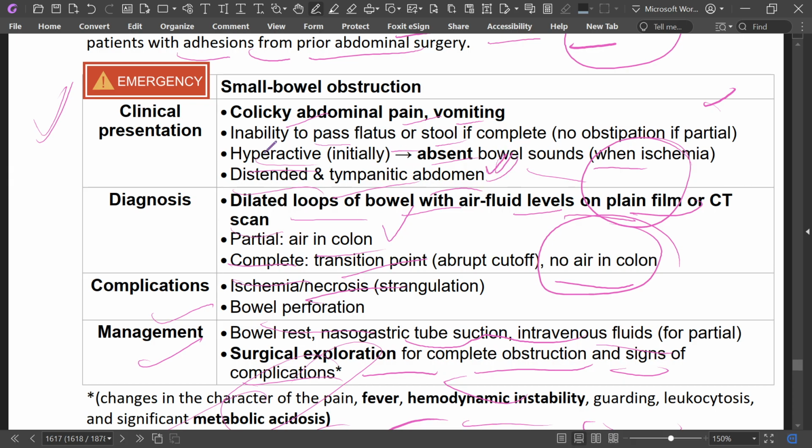Diagnosis is dilated loops of bowel with air-fluid levels on plain film or CT scan. Partial obstruction shows air in the colon; complete obstruction shows a transition point, abrupt cutoff sign, and no air in the colon. Complications are ischemia, necrosis, and bowel perforation. Management is bowel rest, nasogastric tube suction, IV fluid, and surgical exploration for complete obstruction and signs of complication.